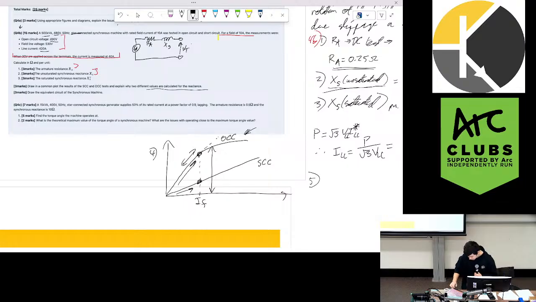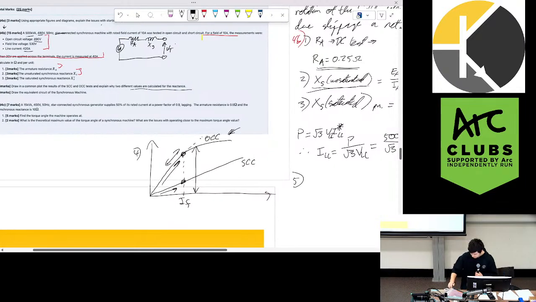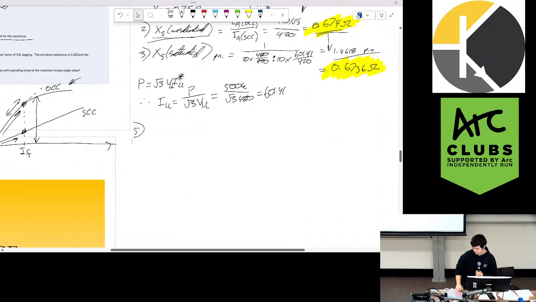Part 5, draw the equivalent circuit of the synchronous machine. As we saw previously, Georgios loves these trivia questions. So we get a resistor. It can also be tuned using an adjustable resistance. Then we get the inductance here. Sorry, that's not meant to be RA; it's RF and XF.